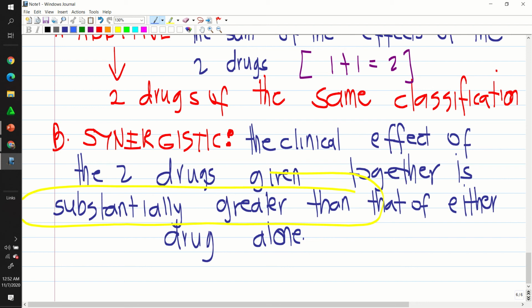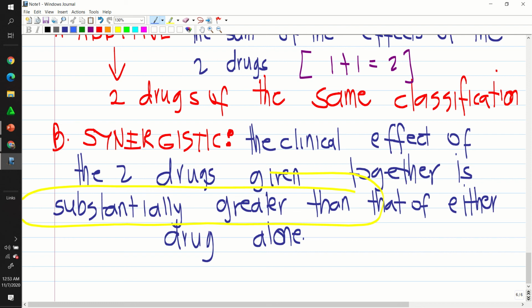Now, let me give you an example. In your antibiotics, you know that ampicillin and amoxicillin can be given without their inhibitors. Sometimes doctors will order ampicillin with sulbactam, amoxicillin with clavulanate. Sulbactam is a bacterial enzyme inhibitor.